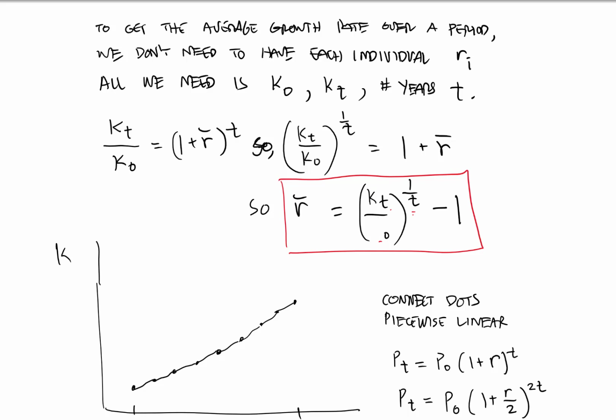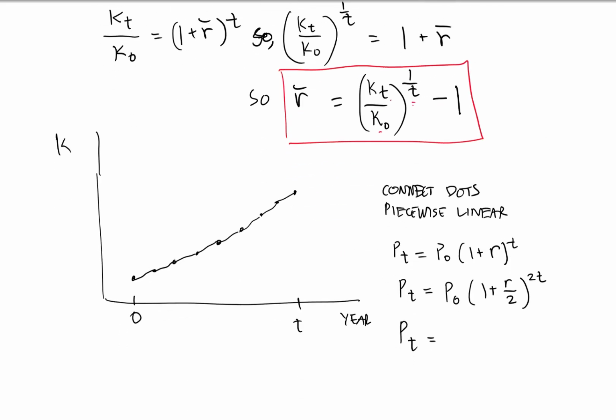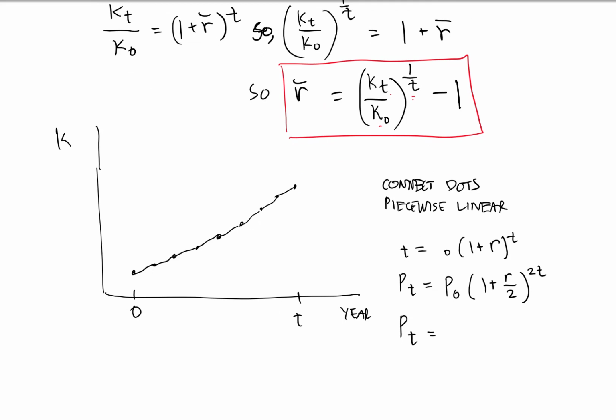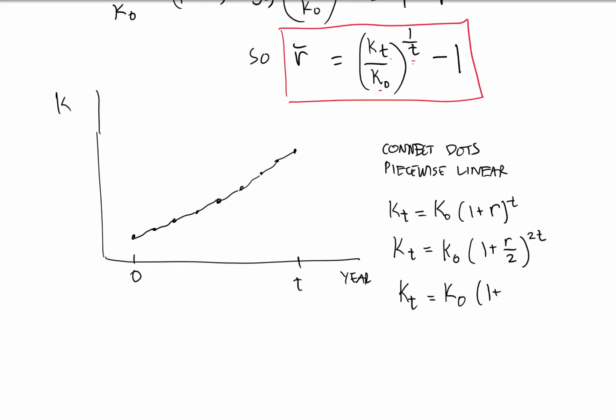This has to be a P0. And I did the same thing here. So this has to be P of t, P0. And if I was doing this by monthly periods, then the annual growth rate would be cut by 12, and there would be 12t.